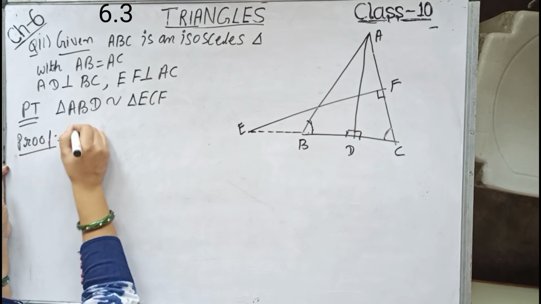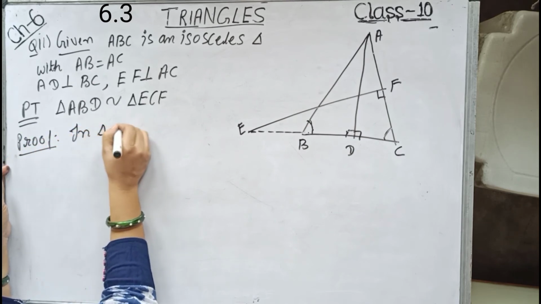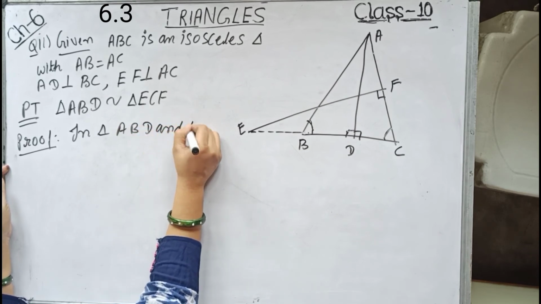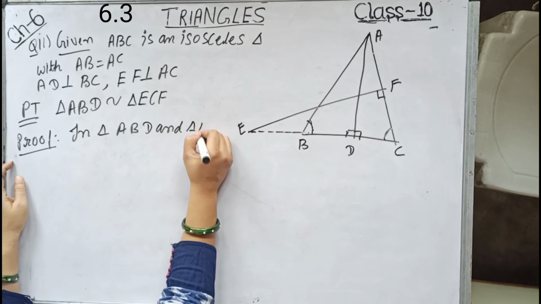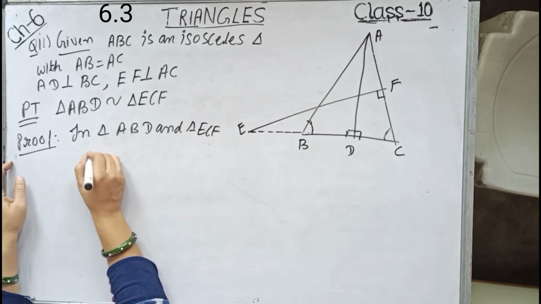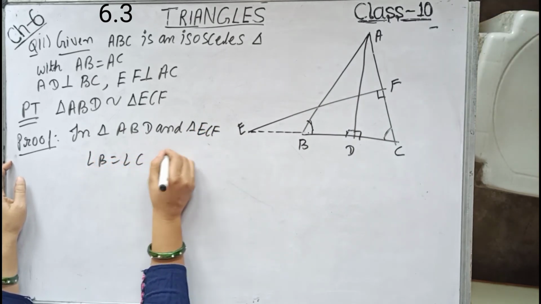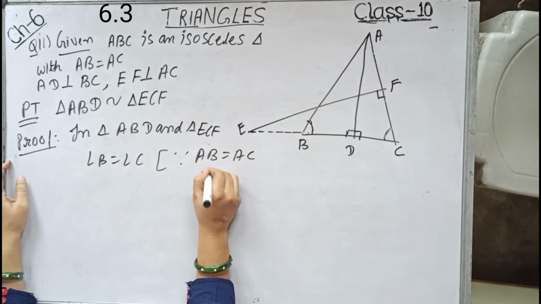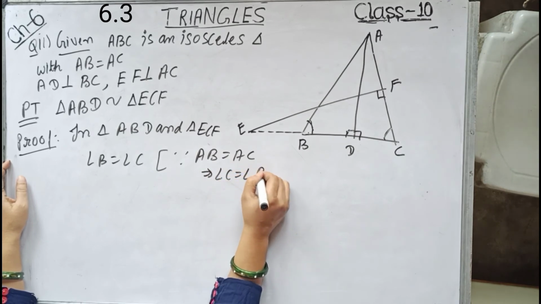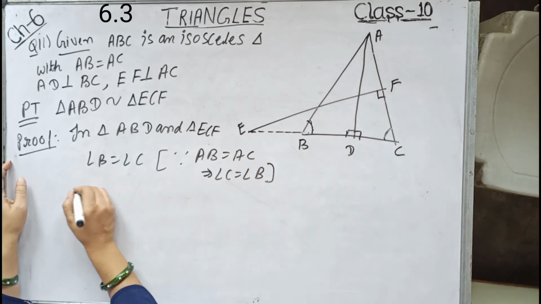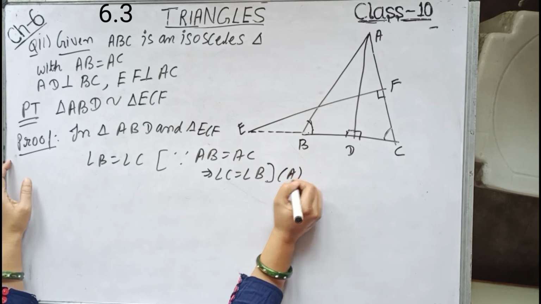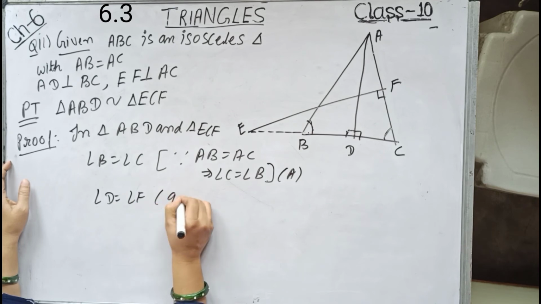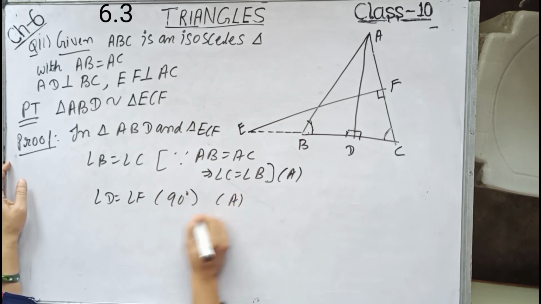Proof. In triangle ABD and triangle ECF, angle B equals angle C, since AB equals AC implies angle C equals angle B. Also angle D equals angle F, 90 degrees.